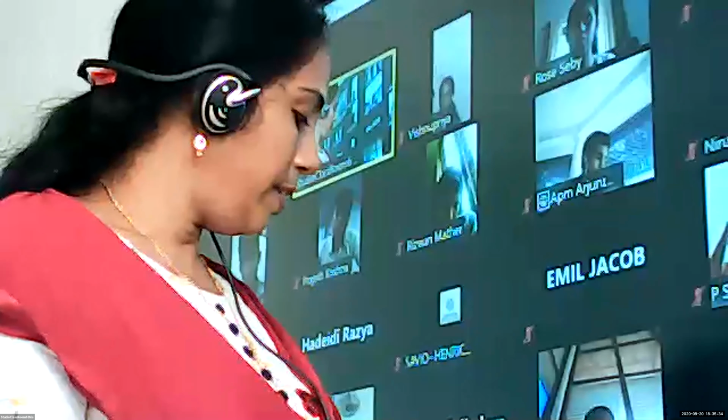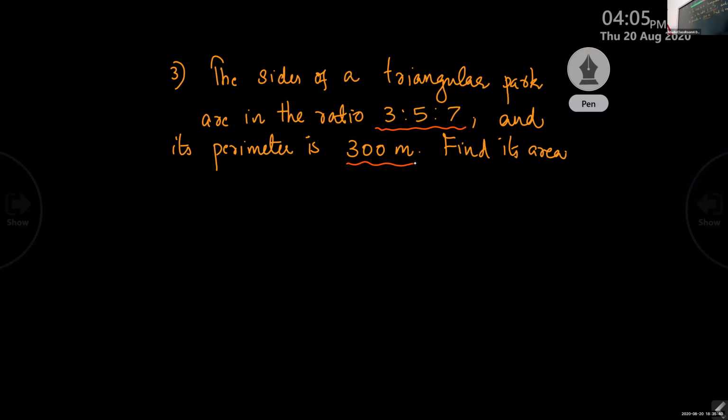So how will you find? Sides we can take as 3x, 5x and 7x.